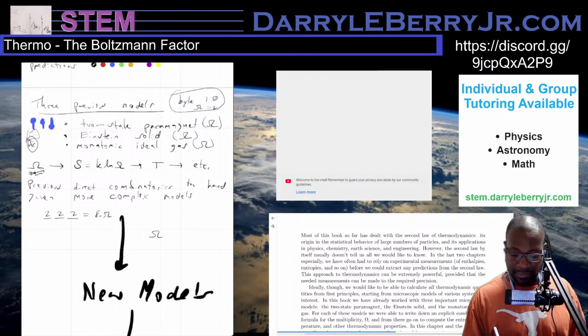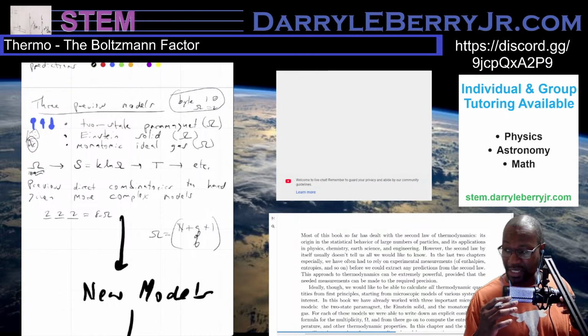Off the top of my head, if I remember right, the multiplicity was q plus 1 and q. If I remember right, that could be incorrect. But it's something like that, depending on the number of oscillators and the number of energy units, and you add 1, and then basically use the binomial choose function to calculate the multiplicity.